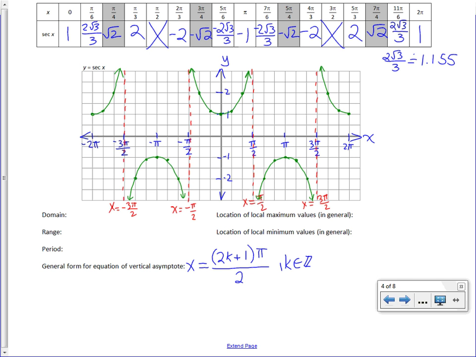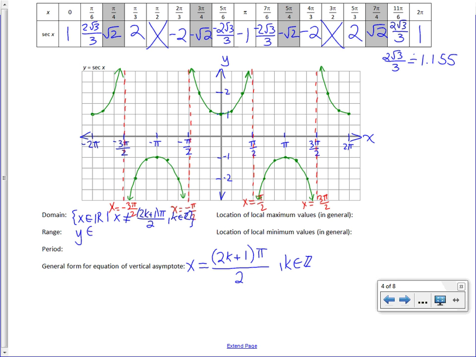You add 1, now it's all odd integers. So now all odd integers are represented by 2k plus 1. If that's where the asymptotes are, it's where the domain does not exist. So x is an element of the reals such that x cannot be (2k plus 1) pi over 2, where k is an integer.